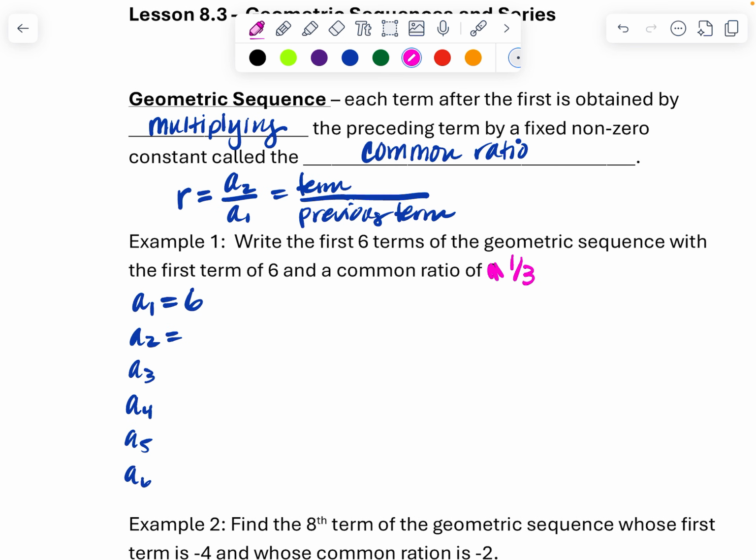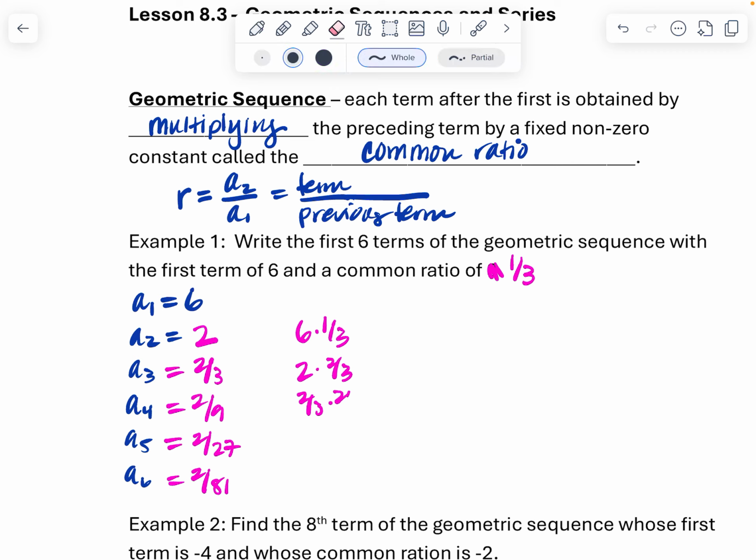So for A sub 2, we're going to do 6 times 1/3, which is just 2, right? And then we're going to do 2 times 1/3, which is 2/3. And then times 1/3 again, which makes it 2/9. And then this becomes 2/27. And this becomes 2/81. So you can just do that each time.